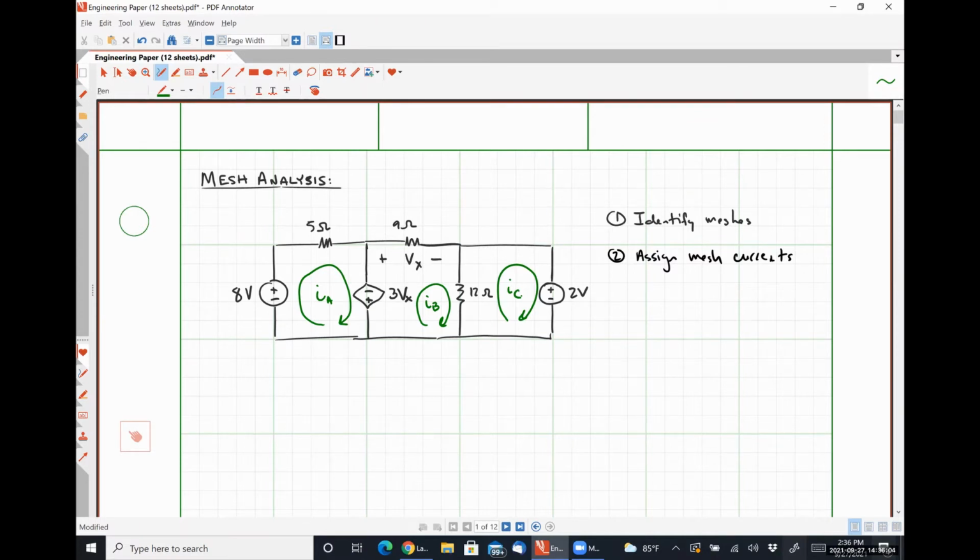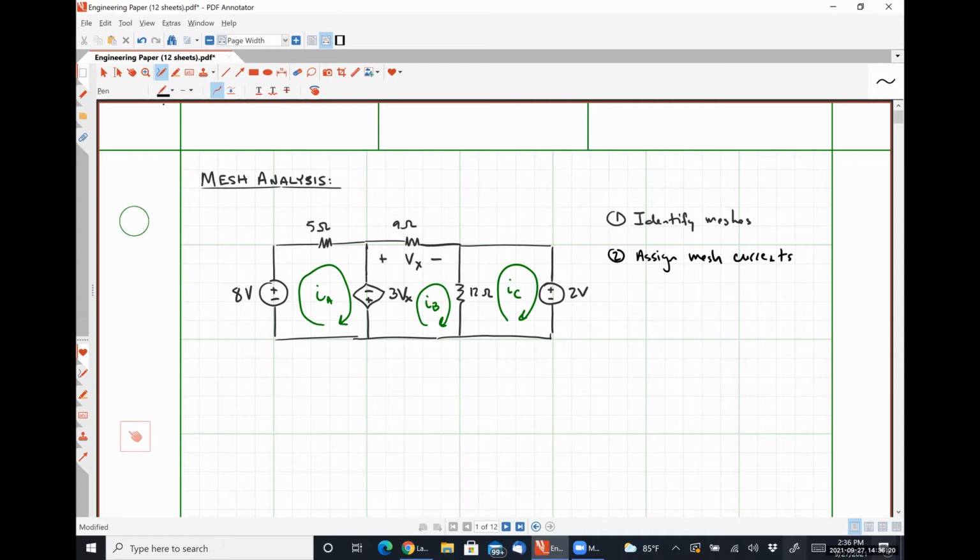All right. So this particular problem contains a dependent source intentionally.